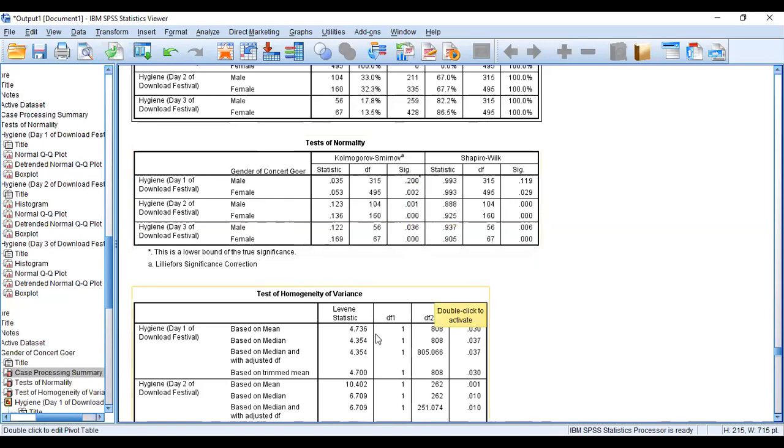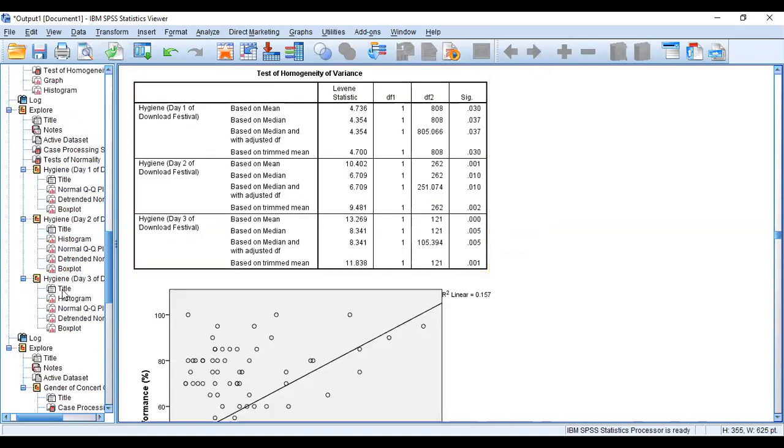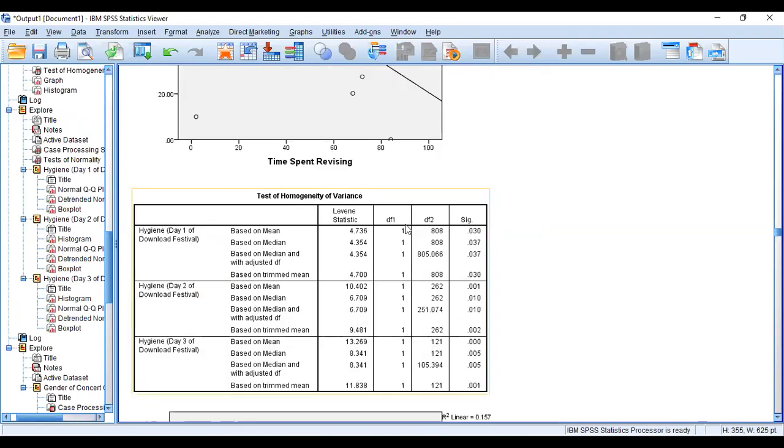Now the second thing, after normality, is homogeneity. So through the Levene's test we check the homogeneity. We will read only this first line based on need. Okay, and this value should be greater than 0.05. Here we can see this p value is less than 0.05. It means our data, day 1 data, only for male is normal, but it is not homogeneous.